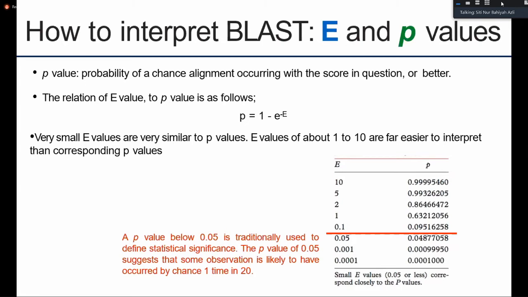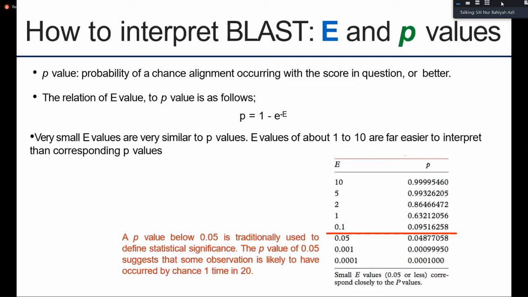So in general, let's say you have 20 data, 1 in 20 of the data is expected to occur by chance, but if more than 1 in 20 occurred by chance, the P value will probably be more than 0.05, and that's why a P value of 0.05 is considered statistically significant.